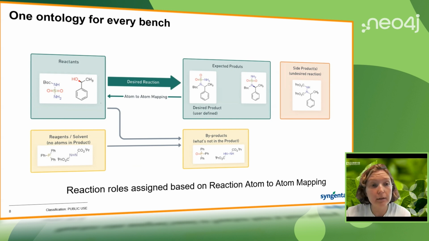We have very strict role definitions, which are applied to any entry which goes through our synthesis tools. The first thing is that we have a very clear definition of what is a reactant and what is a reagent. A reactant is a molecule which donates at least one atom to the product, and a reagent is a molecule which doesn't contribute any atom to the product.